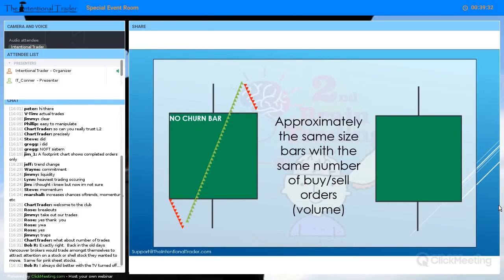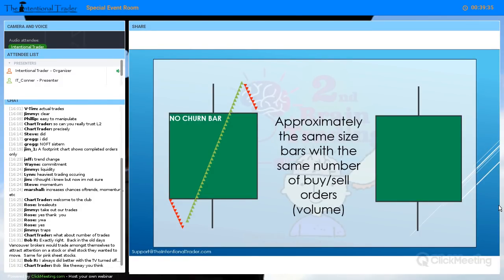When we look at a bar like this, we figure it's something like this, and we call this a no churn bar, meaning that nothing specific happened to lead us to believe something else is about to happen.